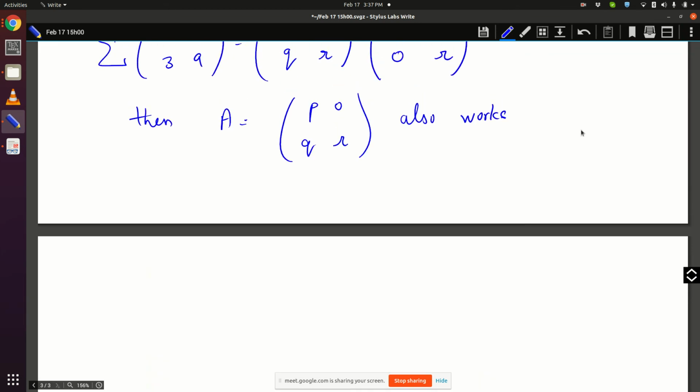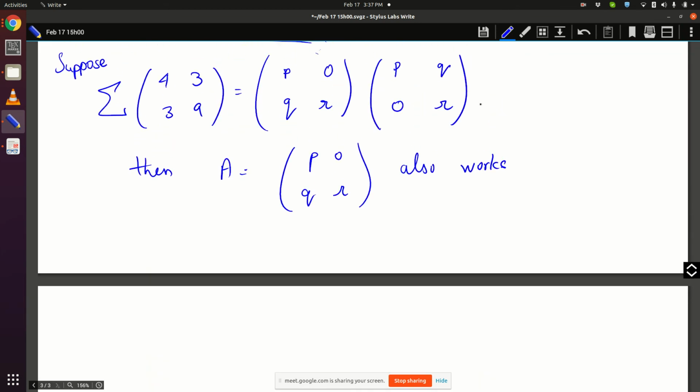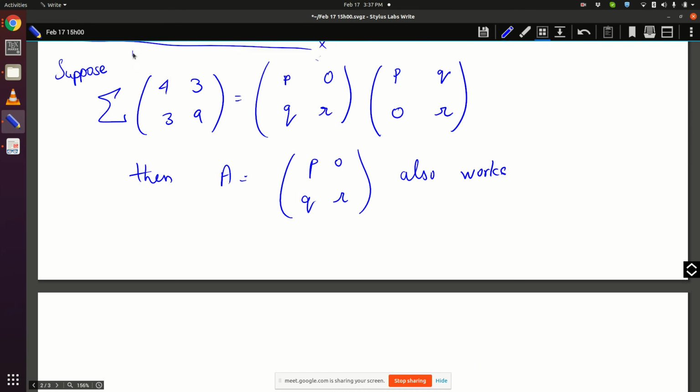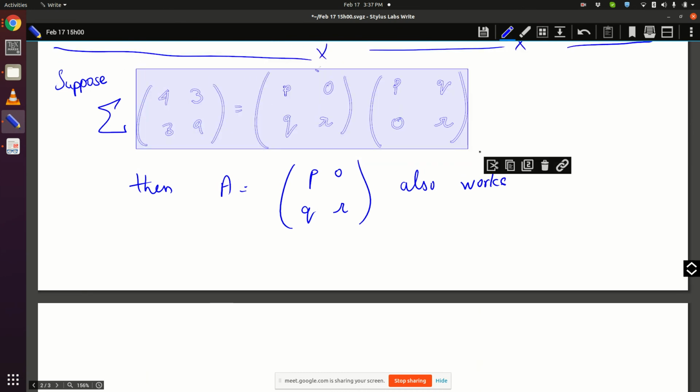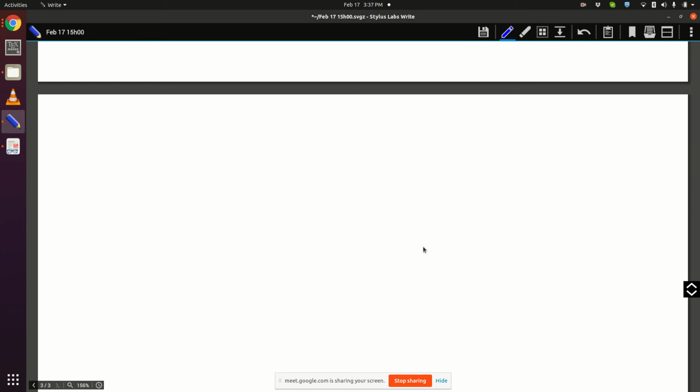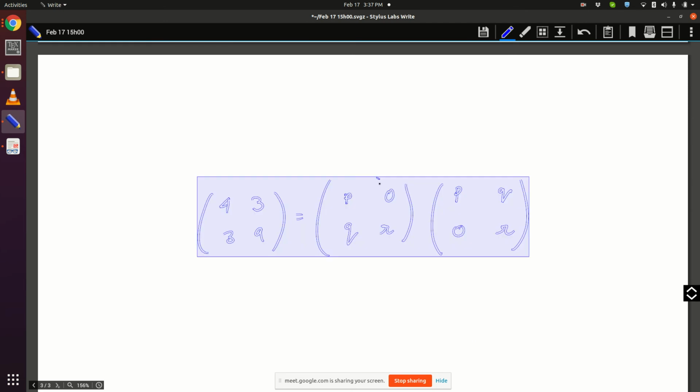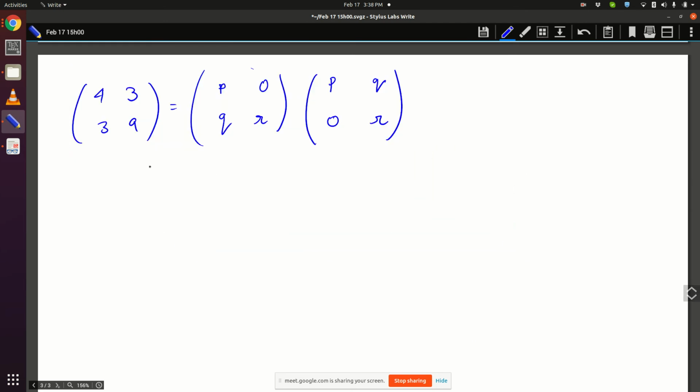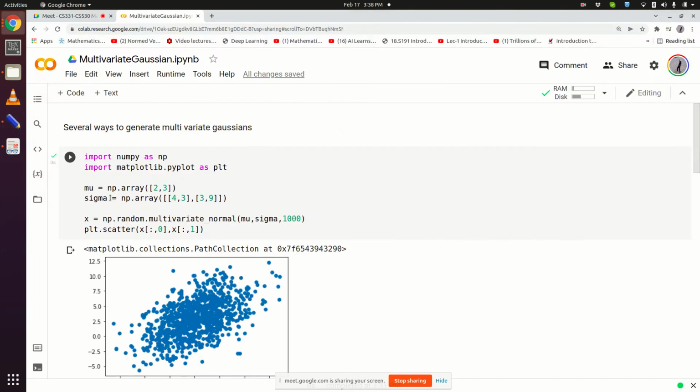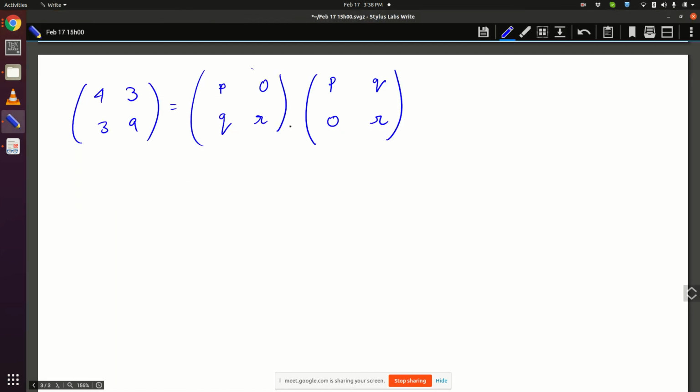So let's try to solve for P, Q, R. P squared is equal to 4, so let us take P equal to 2.